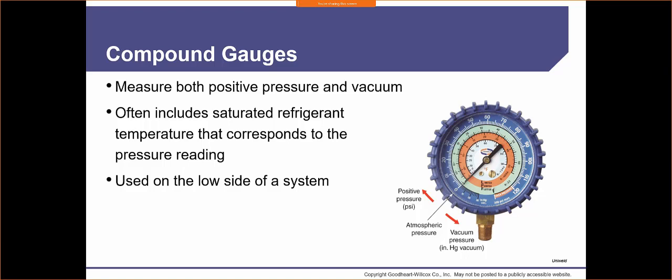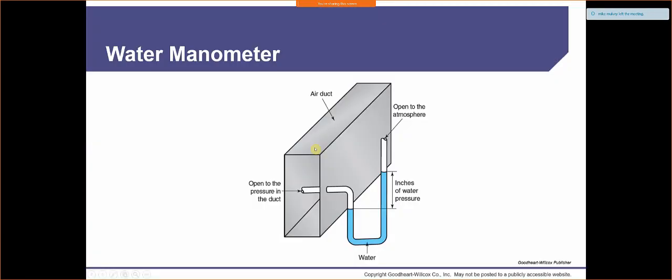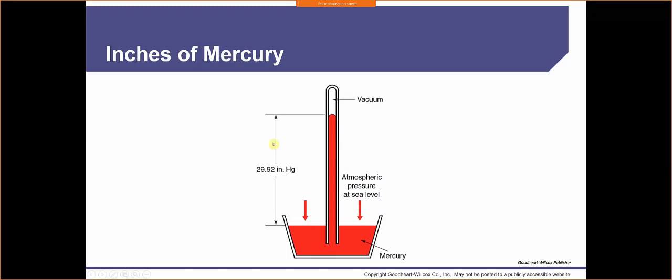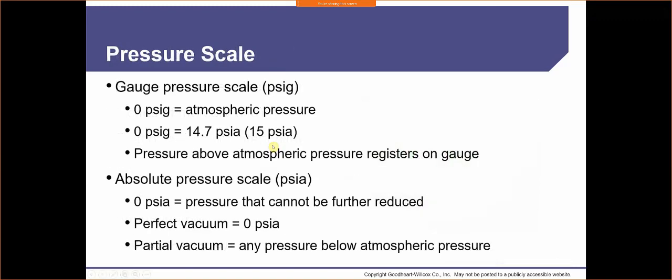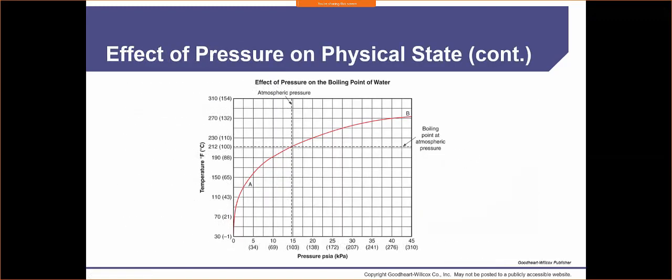When we went back a few slides to that chart, here we go. I have moisture that's in the air. In order for me to boil that moisture out or get rid of it completely, I need to apply so much heat and generate 212 degrees.